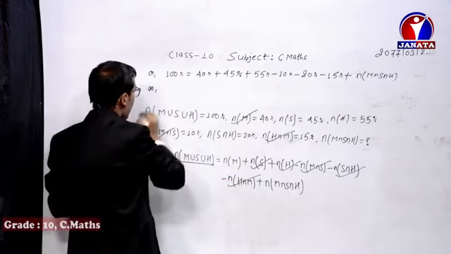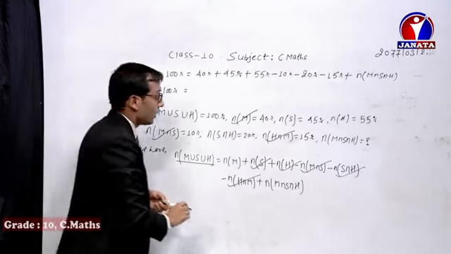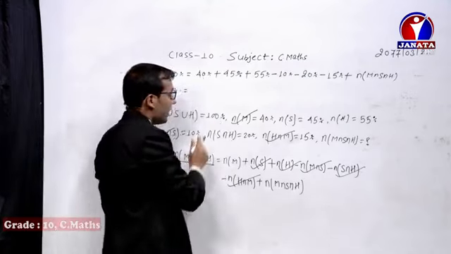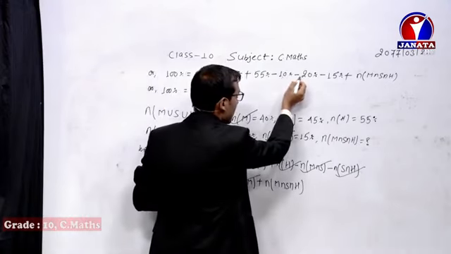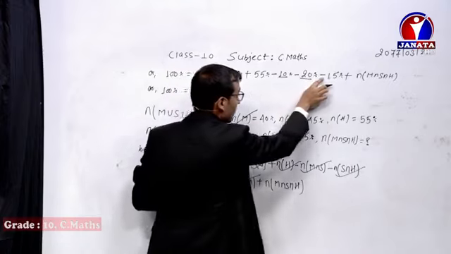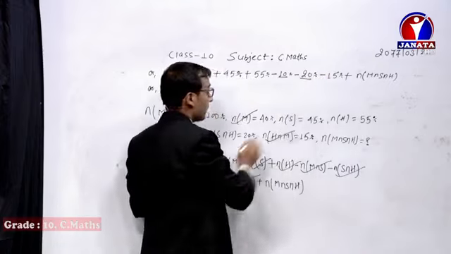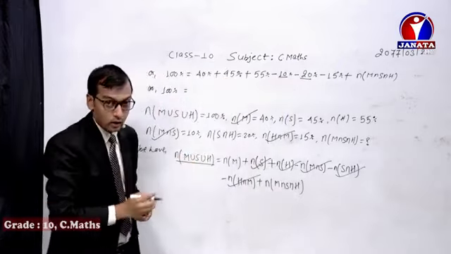So let's simplify. 100% is equal to, okay, so if we add and subtract here, minus 10, minus 20 is negative 30, minus 15 is negative 45. So negative 45 and positive 45 cancel out.